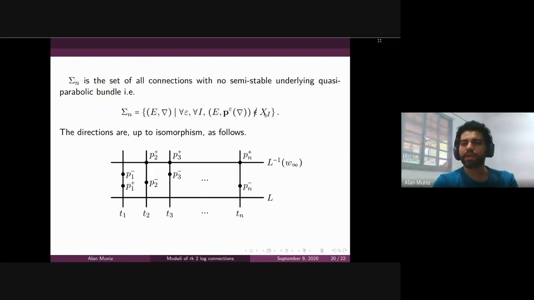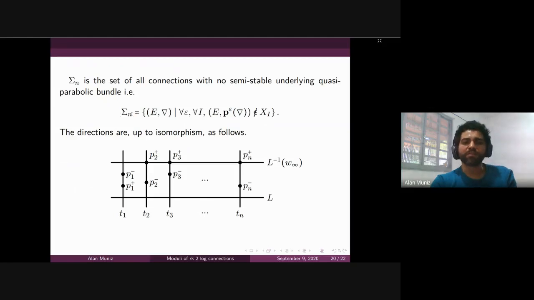Here I actually put it wrong. Here we are considering just the weights on the image of the maps psi I that do not cover the whole set of weights. But these connections are not semi-stable for any weights. This is a very awkward picture.